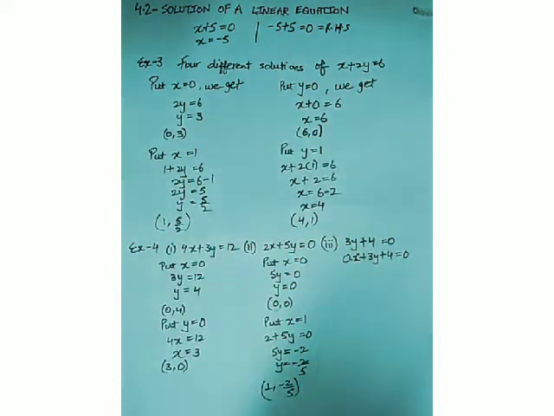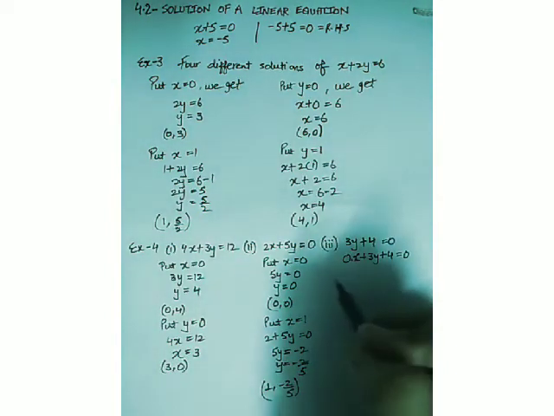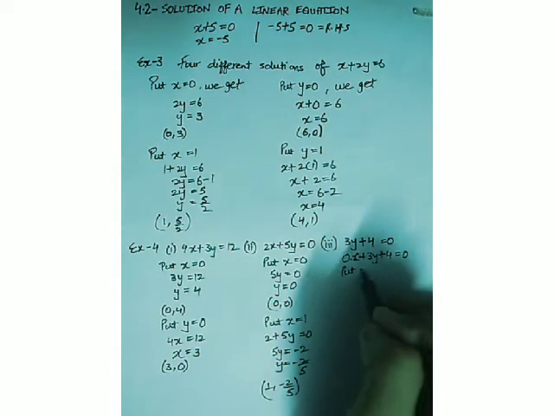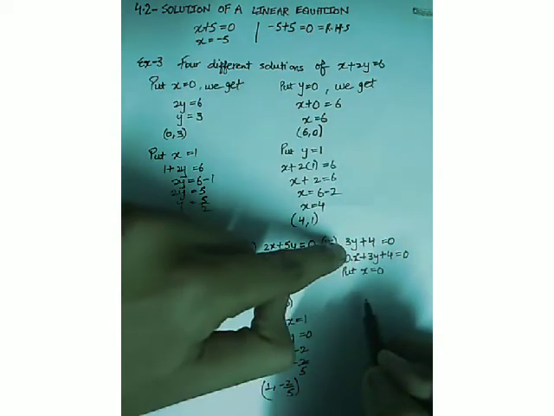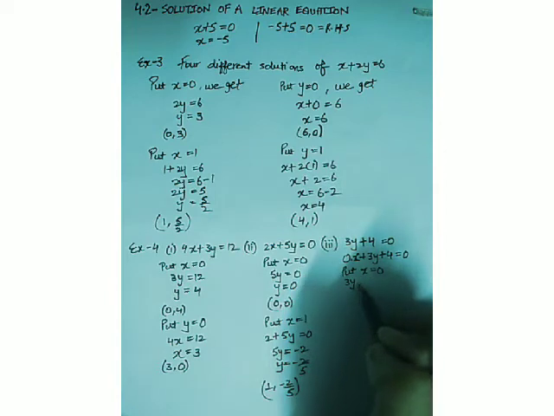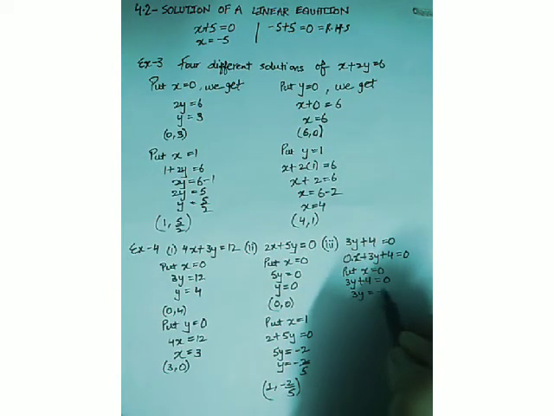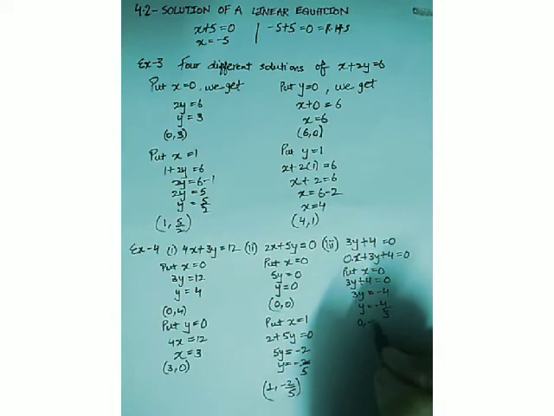Alright, we have made it a linear equation in 2 variables. Now do the same, put x is equal to 0. You will be left with 3y plus 4 is equal to 0, or 3y is equal to minus 4, or y is equal to minus 4 upon 3. So your first set will be (0, -4/3).